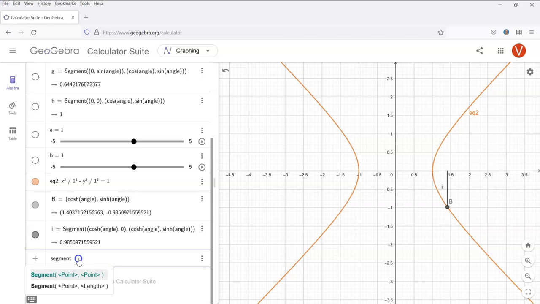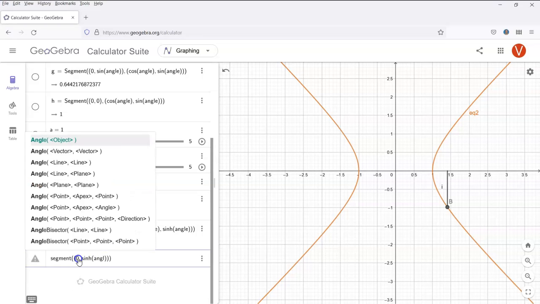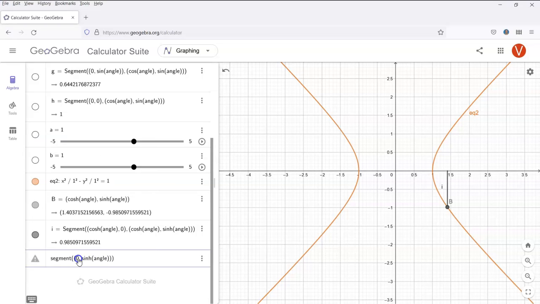Similarly, let's form a segment to the y-axis. So we get 0 comma hyperbolic sine of the angle to the other point, that is cos angle comma hyperbolic sine of the angle.